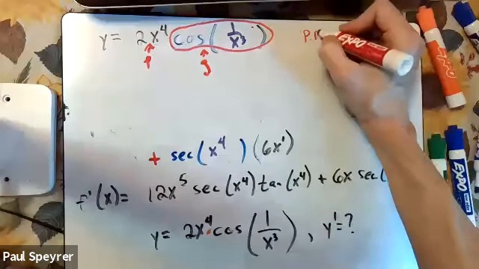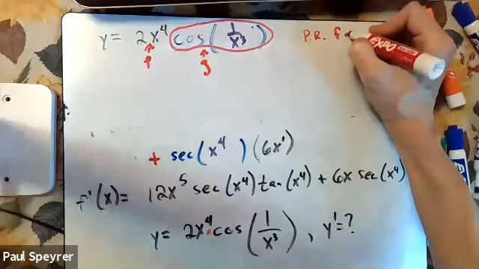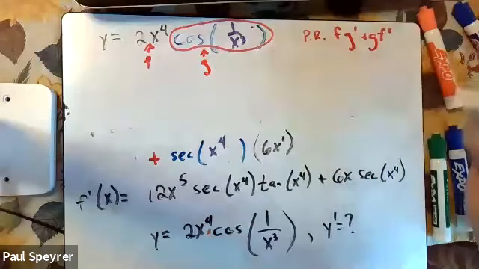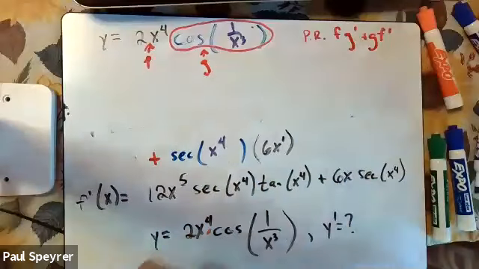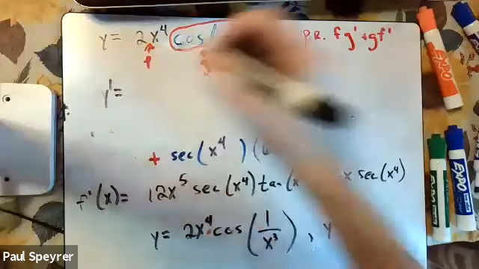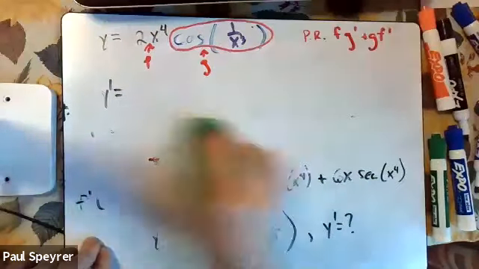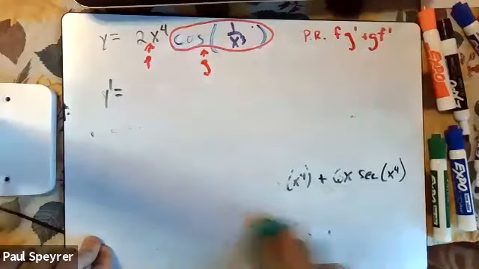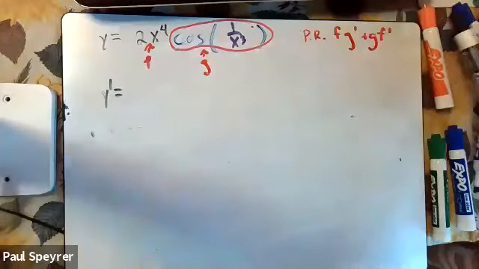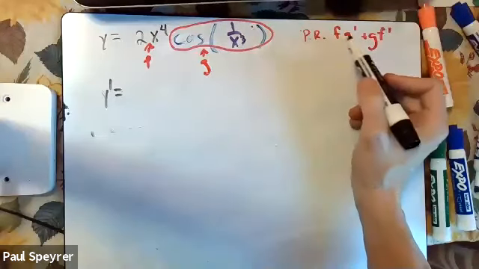PR, that's F G prime plus G F prime. Let's start this out. So y prime right here, well, f times g prime.